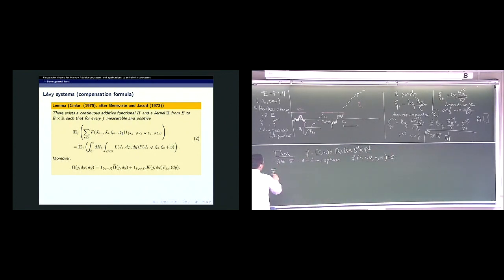So we have that the expected value starting from the position theta of the sum over s strictly positive of f of s, psi s, minus the jump in psi, J s minus, J s, can be written as the integral between 0 and infinity, the integral in R, the double integral in SD, and a final integral in R of a kernel v theta ds dx d phi, and then sigma 1 d phi.